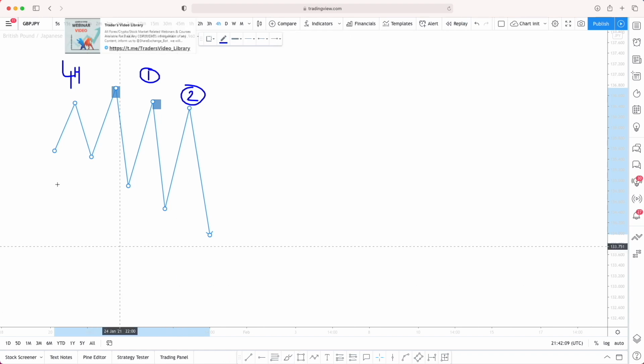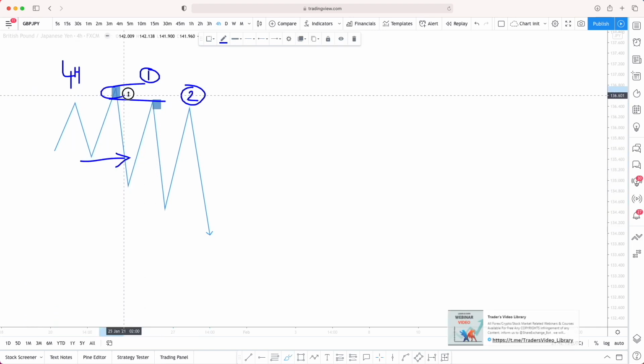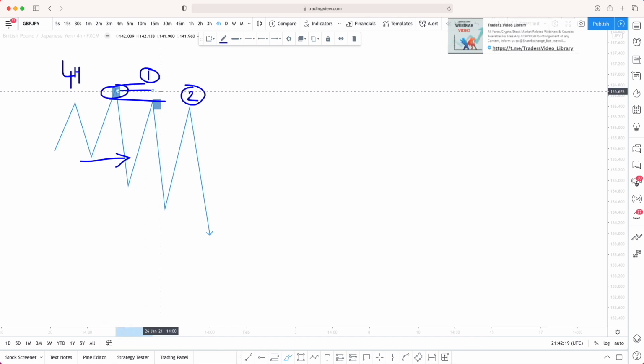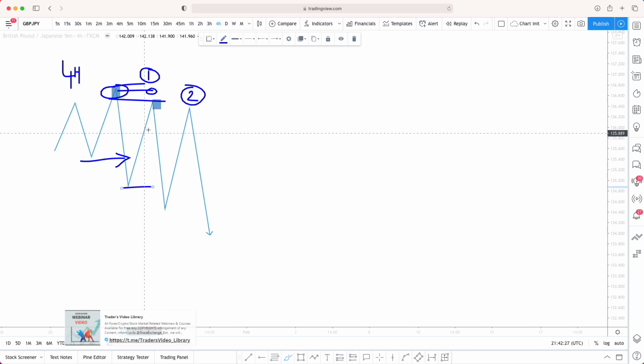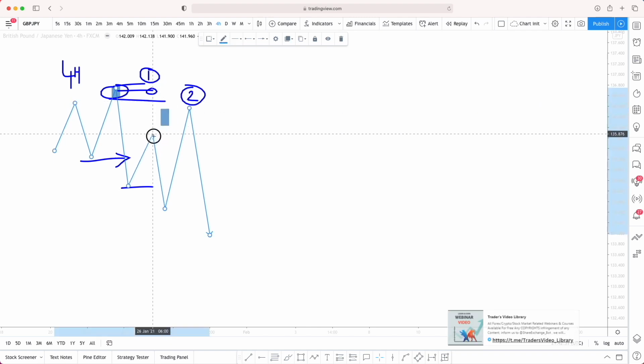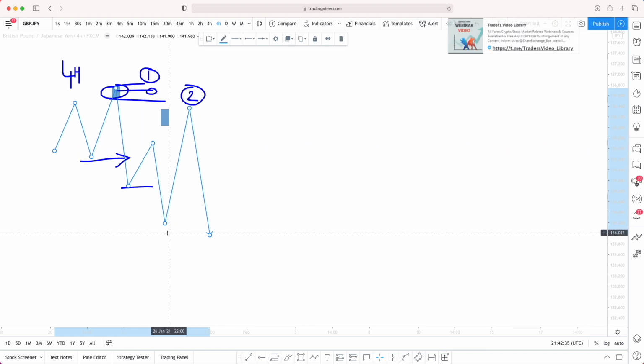So say for example on the 4-hour we have the first break of structure, we can look for a risk entry sitting in here. So we can refine this OB as much as we like and then place the order and then set and forget. Okay, the only thing that's going to invalidate this order is if this low gets broken without price getting there. If this low gets broken, right, without price ever even reaching there, and it broke structure, our new range is going to be from here to here.